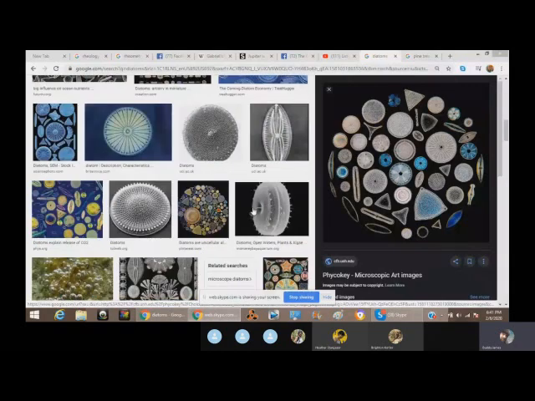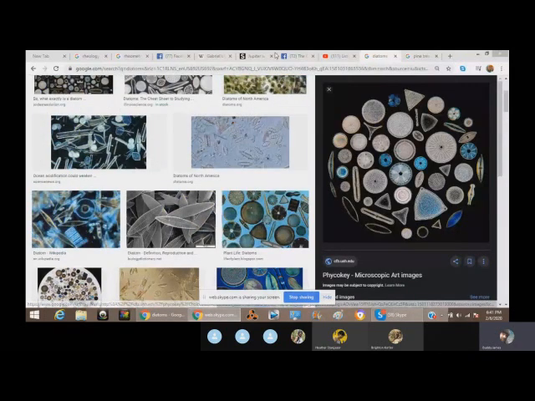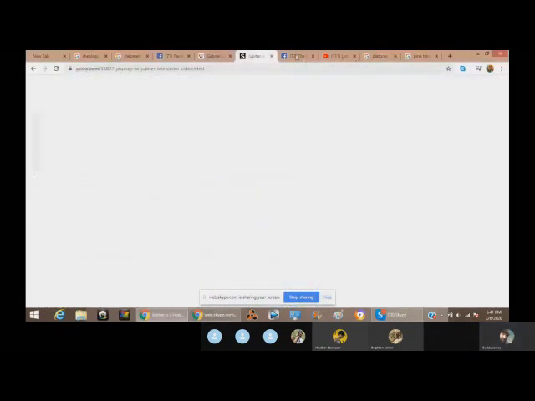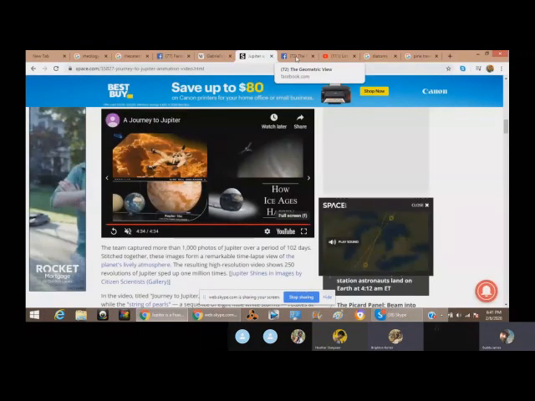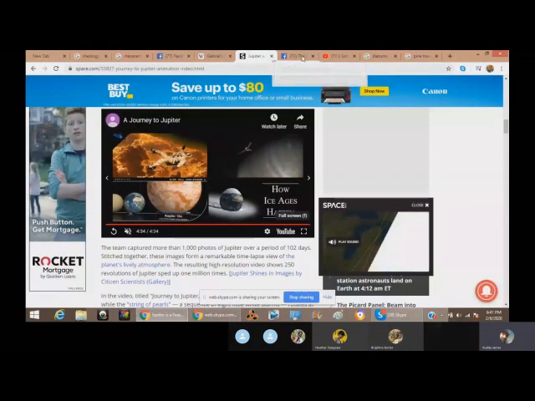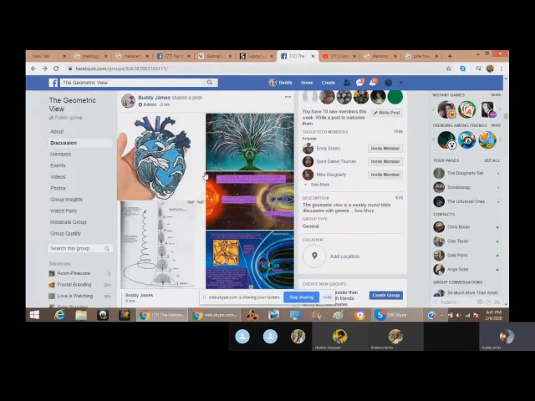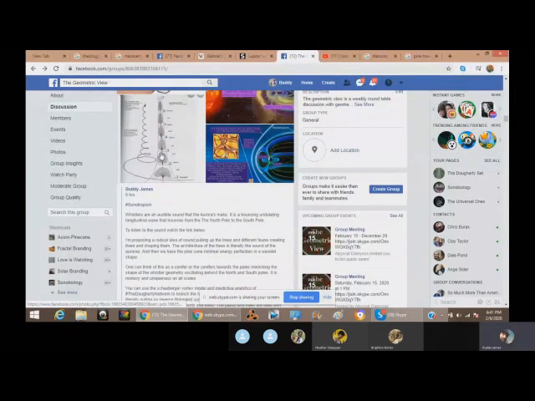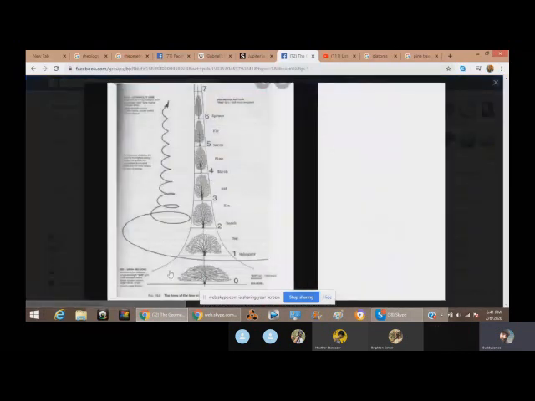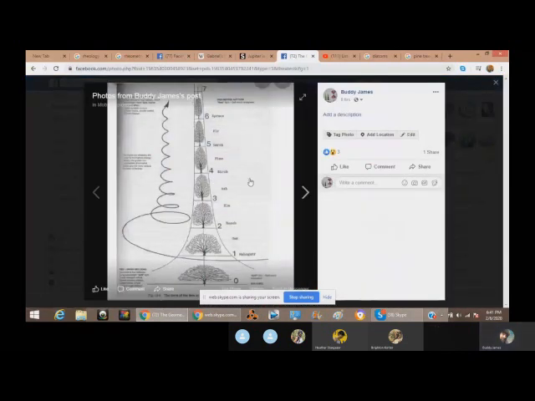Sweet. Did you guys see Jupiter and stuff? Okay, that was at the beginning of the show. Okay, cool. All right. So this is what I was talking about here with Schauberger's tree vortex.